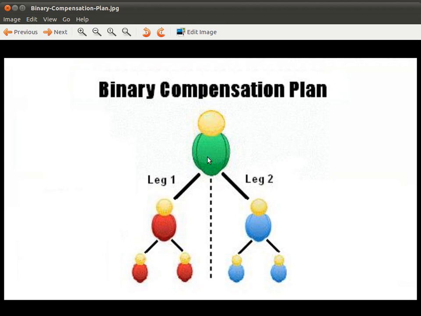If you had right leg selected, it would go here. If you had right leg selected and you sponsor another person, then they would go here. And if you sponsored a third person and right leg was still selected, then they would go here, and it just continues building. Now, just like how you have a left leg and a right leg, this individual has a left leg and a right leg. This individual has a left leg and a right leg.